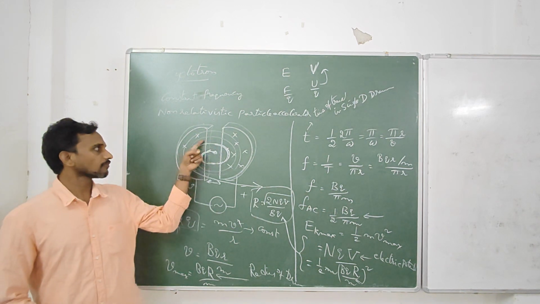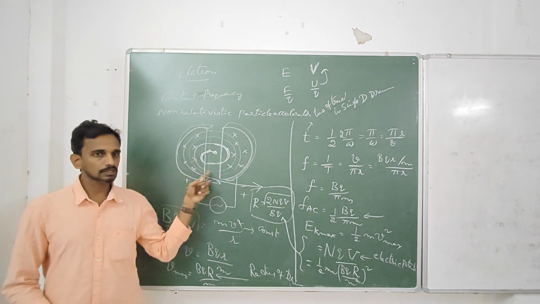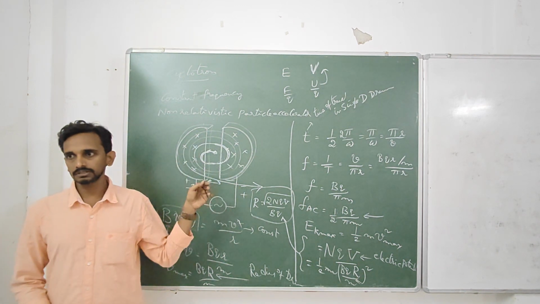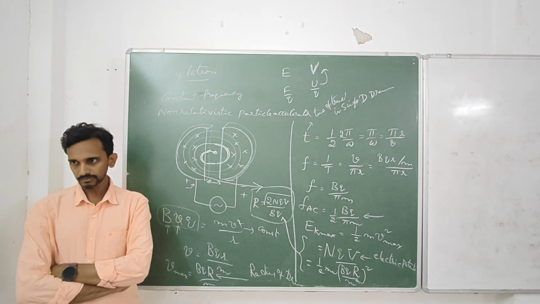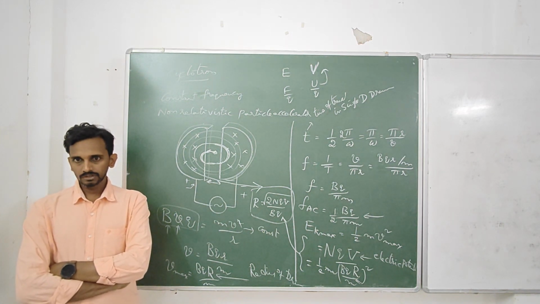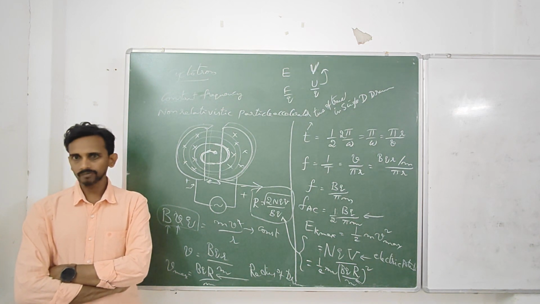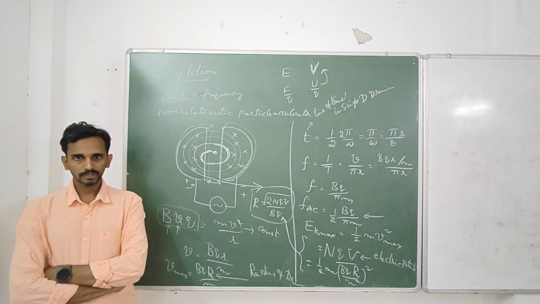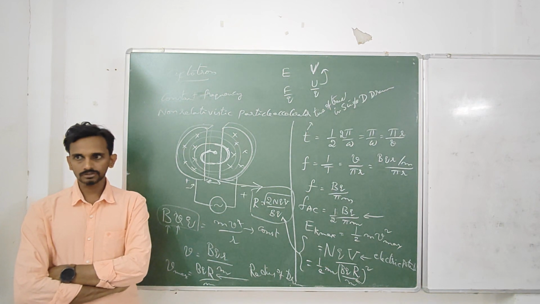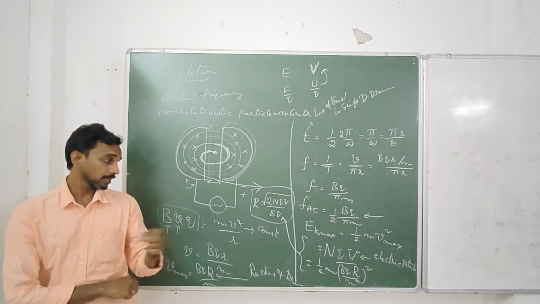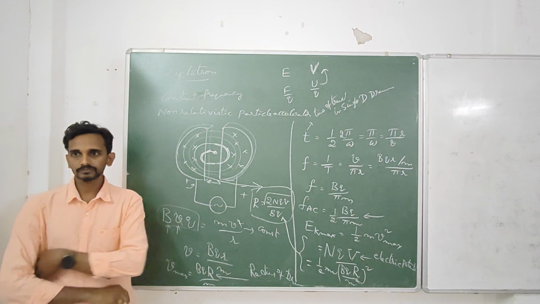So we are just using the magnetic field to turn the particle back into the same track. The main acceleration is produced by the electric field, not by the magnetic field. The magnetic field just controls the track of the particle and maintains constant velocity.